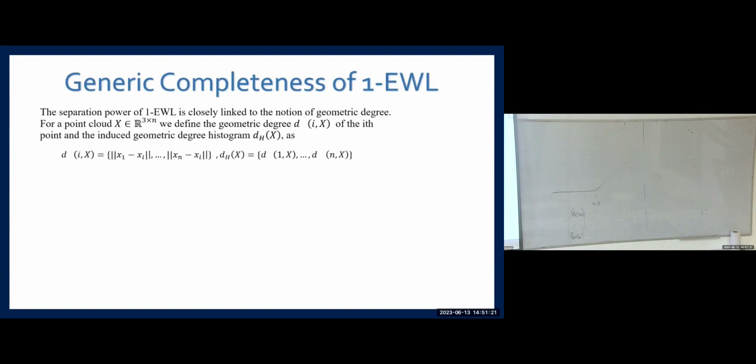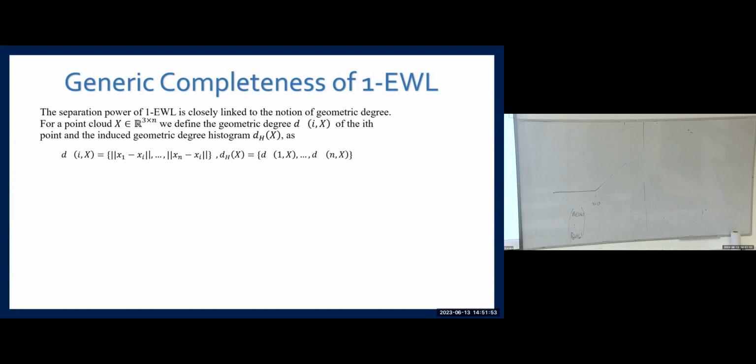Okay, so we want to analyze the expressive power of the Weisfeiler-Leman test when applied to point clouds. So let's begin with defining some basic definitions that will help us later on. For a point cloud, we define the geometric degree of the ith node as the set of unordered distances from this point to all of the other nodes.